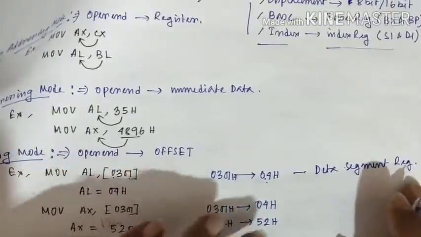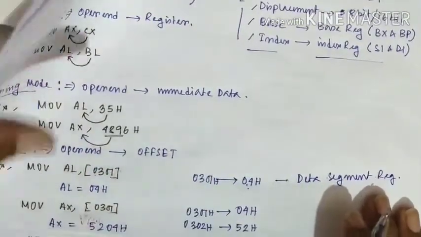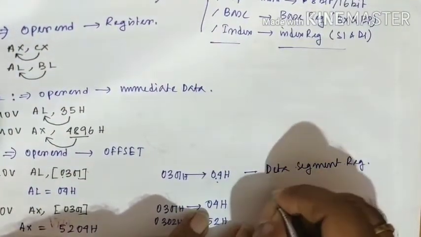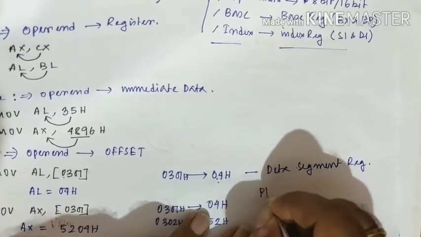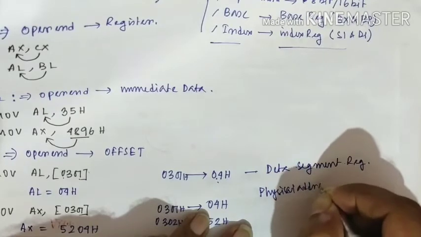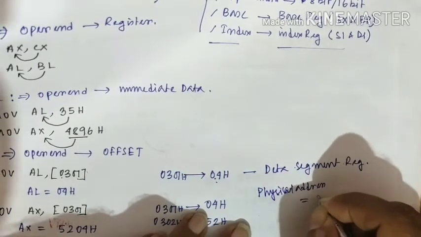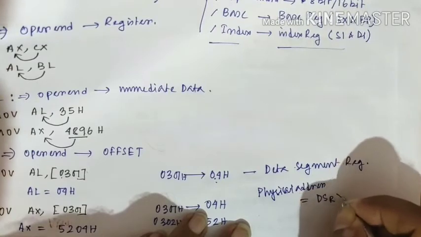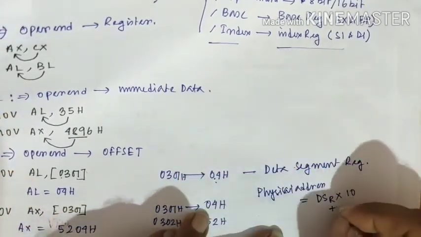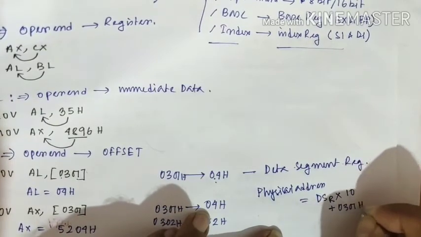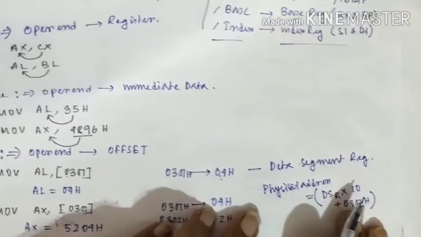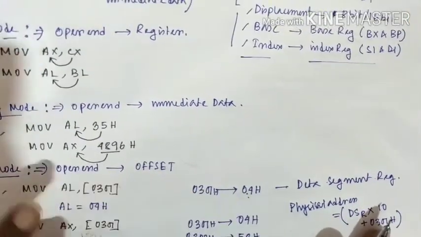The starting location of the data segment is given by the data segment register. So the physical address will be the value of the data segment register multiplied by 10 hex, plus the offset, that is 0301 hex. This whole combination will give us the actual physical address from which this data will be copied into AL.